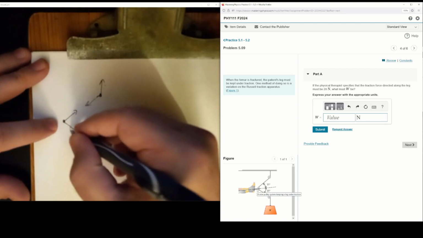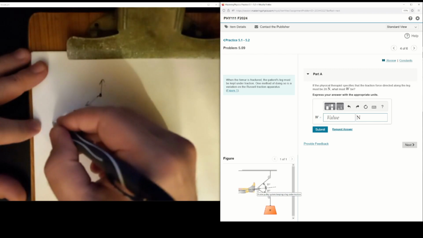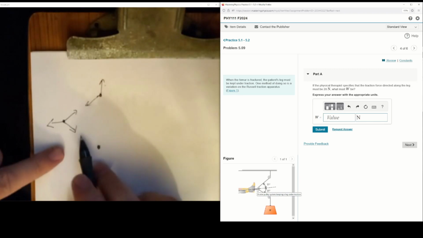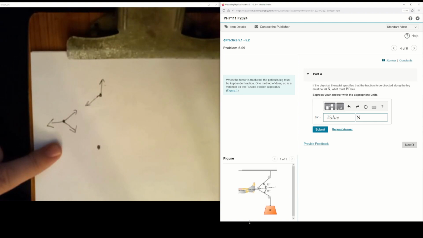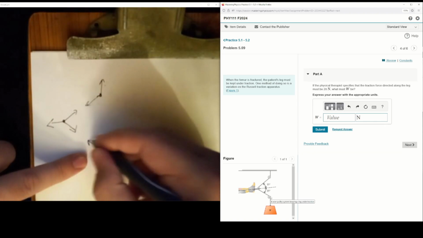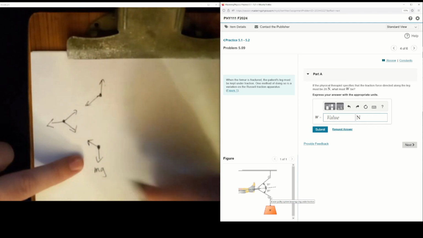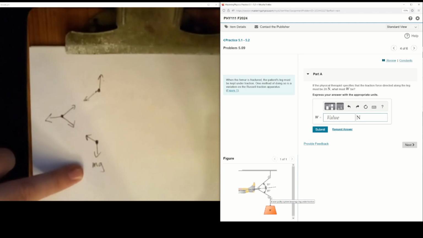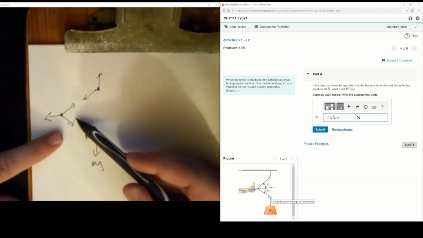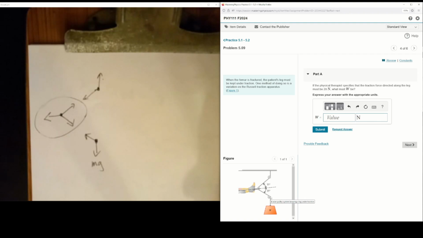We also have that rope pulling down to this peg, and the person's leg is pulling that way. And on the bottom one, where the weight is connected, we have the tension going this way, and then finally the weight of that block sitting right there. And they actually want us to focus on this one right here. It's really the one they want us to focus on.